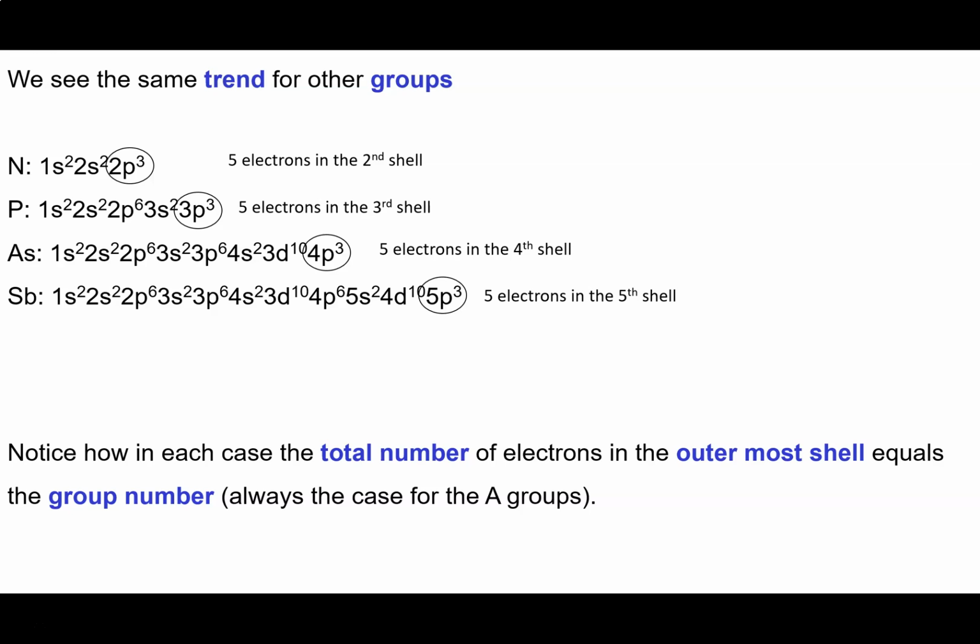This is for group 5A. Okay, and so nitrogen is in period 2, and sure enough, its outermost shell is the second shell, and it has a total of 2 plus 3, 5 electrons.